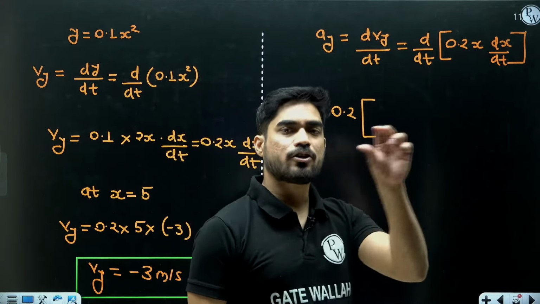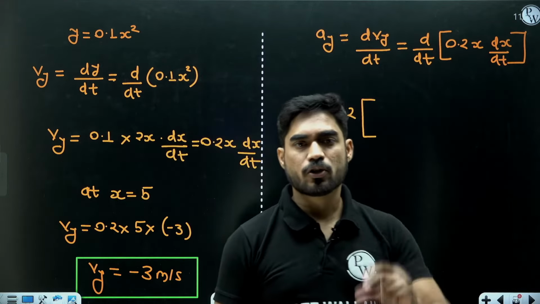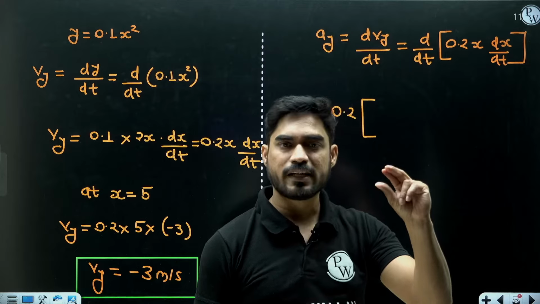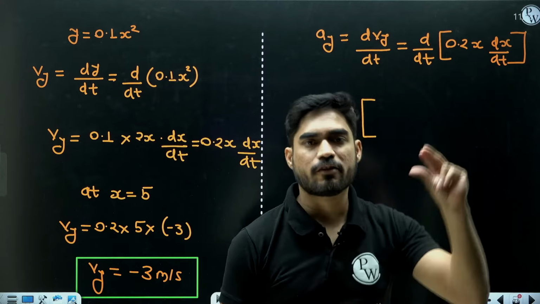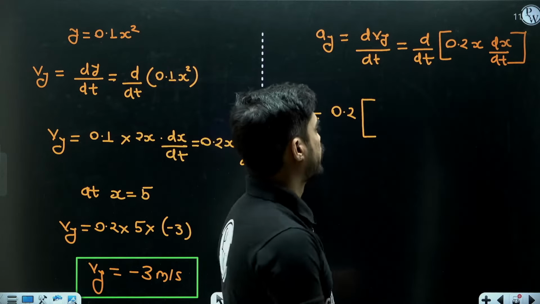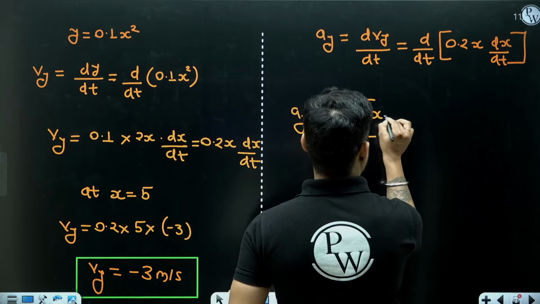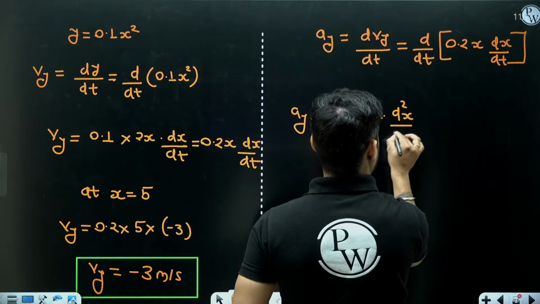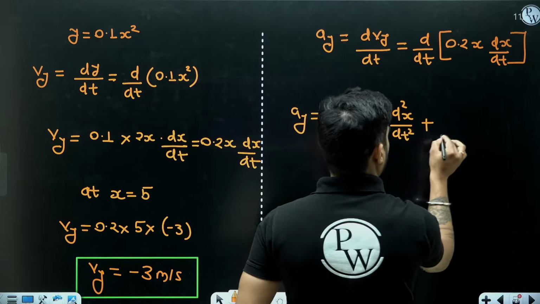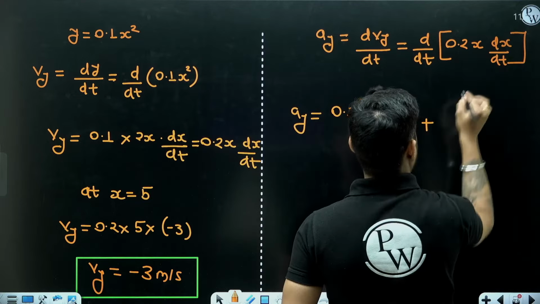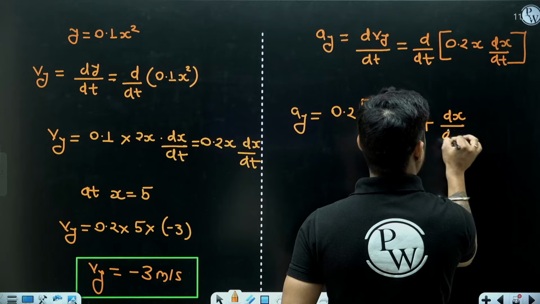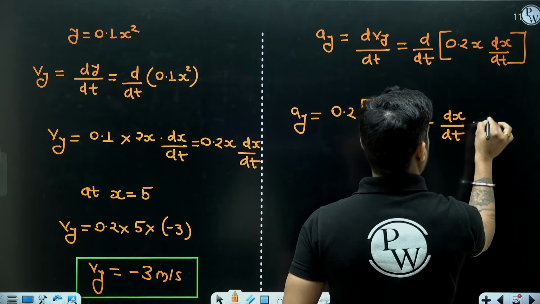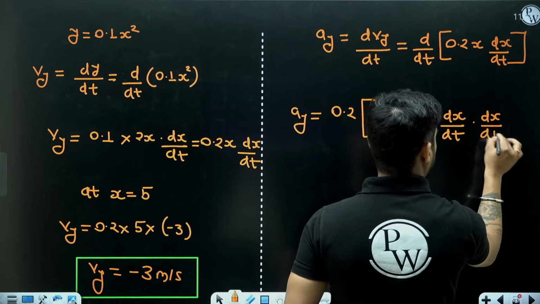Differentiation of u into v is equal to u into differentiation of v plus v into differentiation of u. So it will become x into differentiation of this, d square x by dt square, plus dx by dt into differentiation of this, which will again be dx by dt.